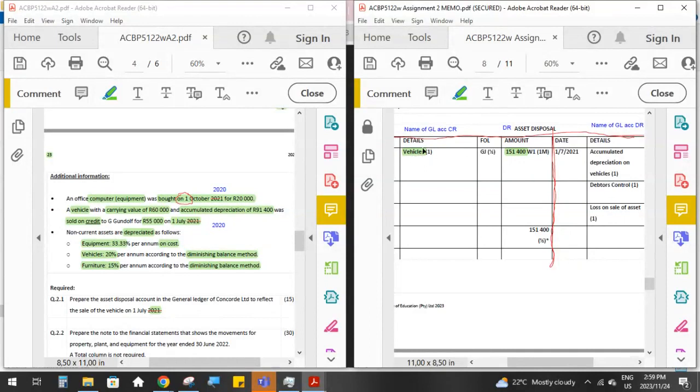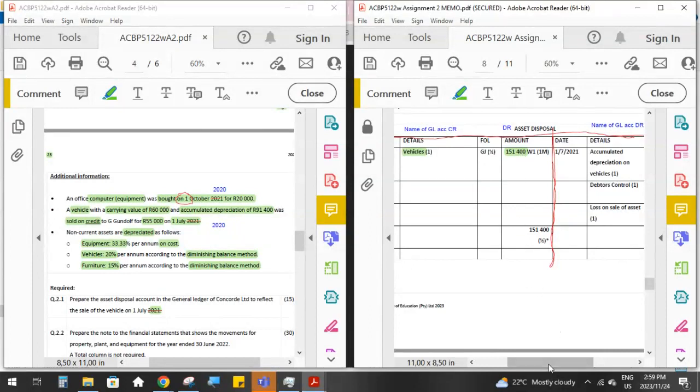So now if I have a look at the vehicles account, it would have the original debit of 151,400 sitting on the left hand side, and it will now have a credit of 151,400 on the right hand side, meaning a debit and a credit of equal amounts, so the balance left over in that vehicles account for this asset is zero. I've taken the vehicle out of the vehicles account and put it into the asset disposal account.